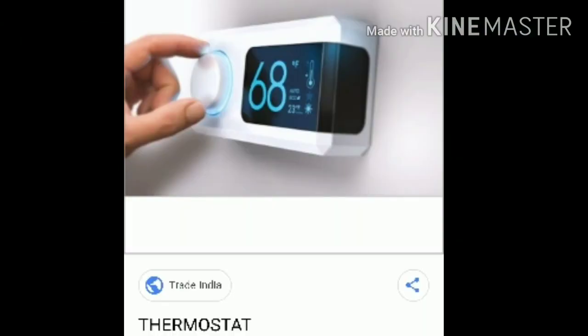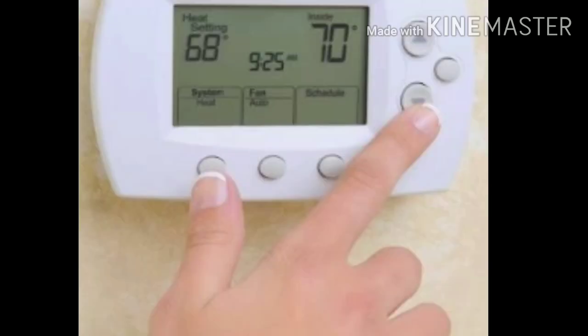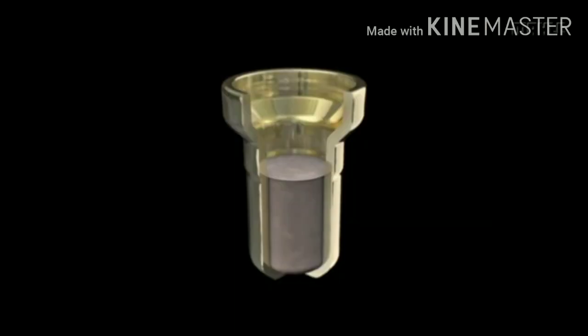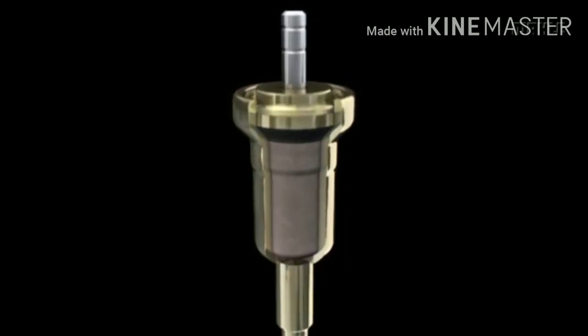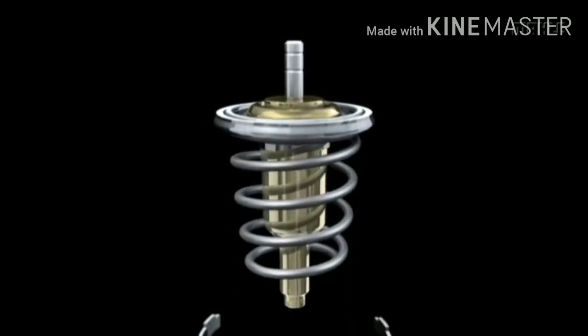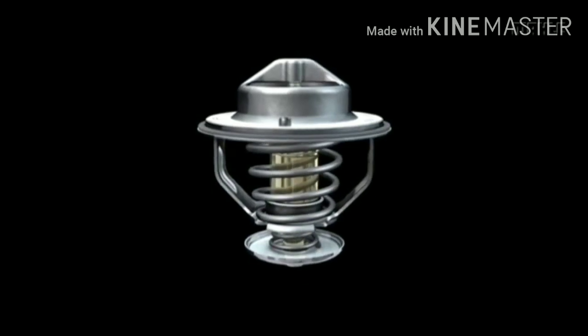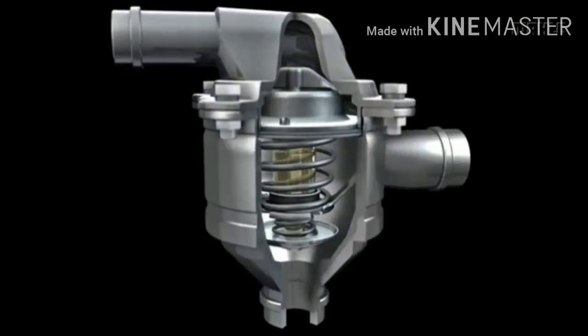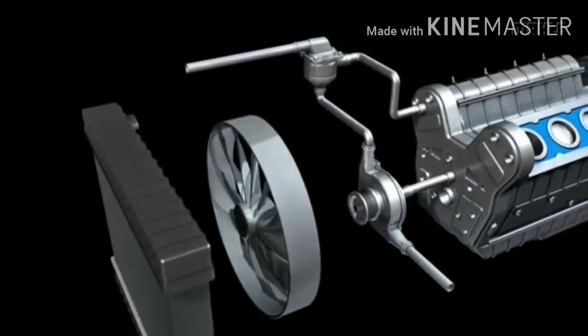Our second application is the thermostat. A thermostat is a device which maintains the temperature of a place or an object constant. The word thermostat is derived from two Greek words: thermo meaning heat, static meaning staying the same. Thermostats are used in any device or system that gets heated or cools down to a preset temperature.